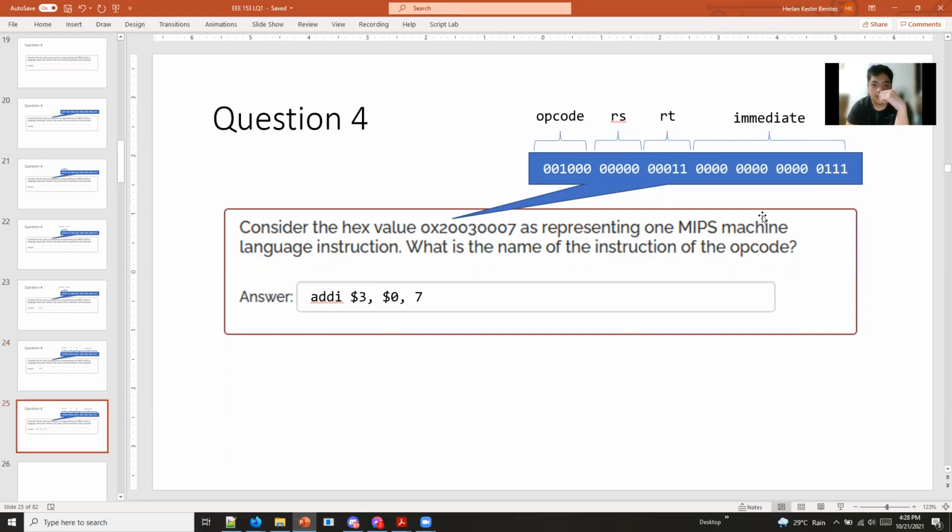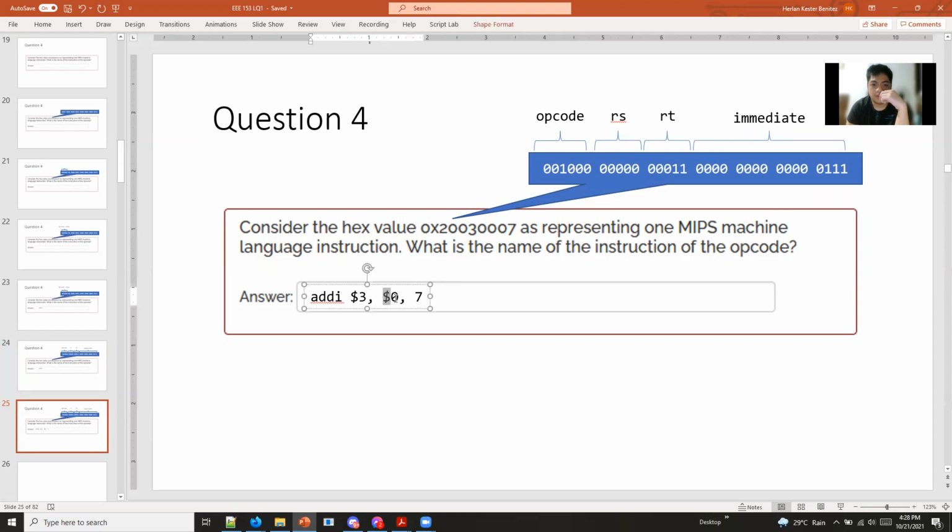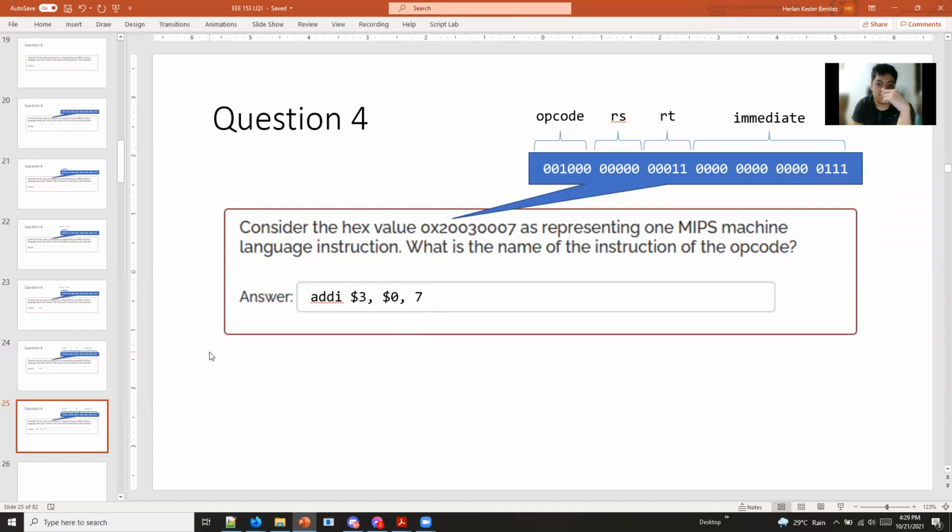So yung RS natin is 0, siya yung source, yung second operand. And then si RT, siya yung destination, which is $3. And then yung immediate natin is 7. Makikita nyo na sa dulo ng ating operation code, we have a number 7. So immediately natin nakikita kung ano yung ina-add and hindi na kailangan pa mag-access ng registers.